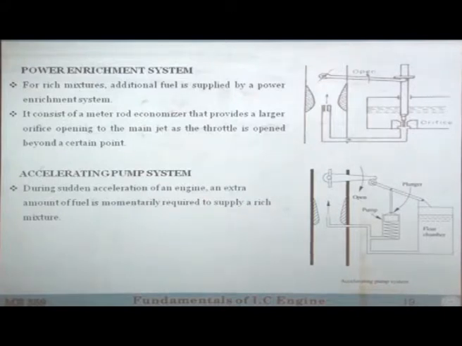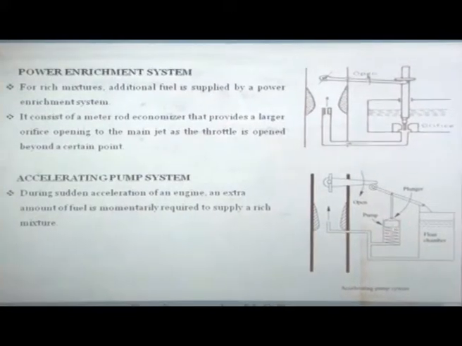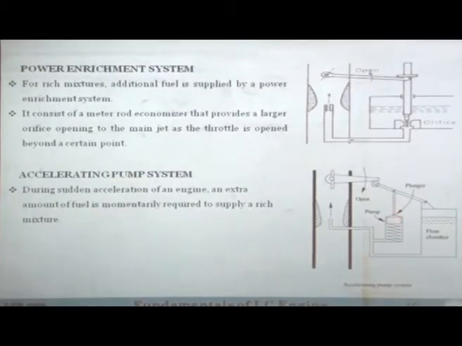And how is it done? What is the tendency? If you have to accelerate the engine, you become impatient and you pull it too much, right? So, when you pull it too much, there is some kind of a linkage mechanism, and this plunger is operated, and this plunger is filled with the fuel.